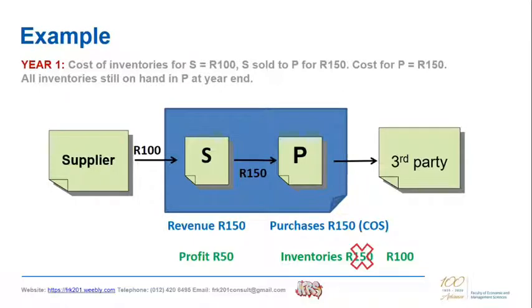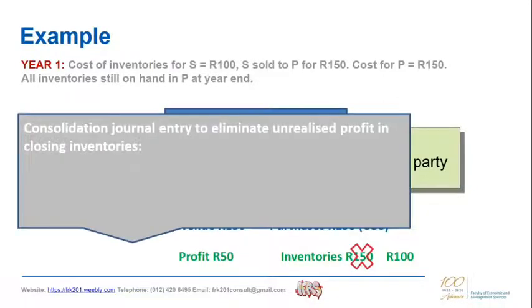All consolidation journal entries achieve a certain outcome. The outcome we want to achieve now is to get rid of that profit of 50 Rand that was made intra-group and to reduce the overstated inventories to a cost price of 100 Rand. The consolidation journal entry that will give effect to that is as follows. To get rid of the profit, I debit cost of sales.